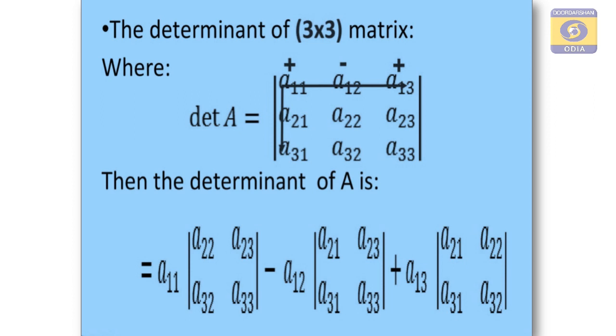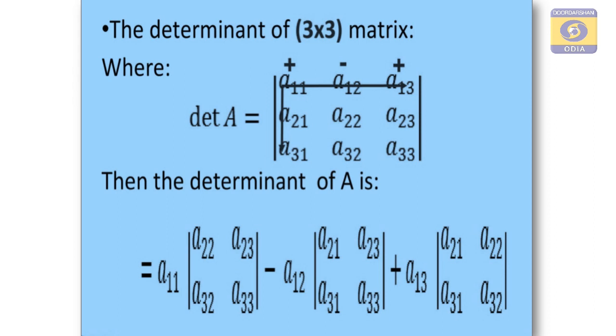As you can take a look at the slide, you can understand it better. The first row consists of A11, A12 and A13. When we take A11, we delete the row and column in which A11 resides, and the resultant is A22, A23, A32, A33.